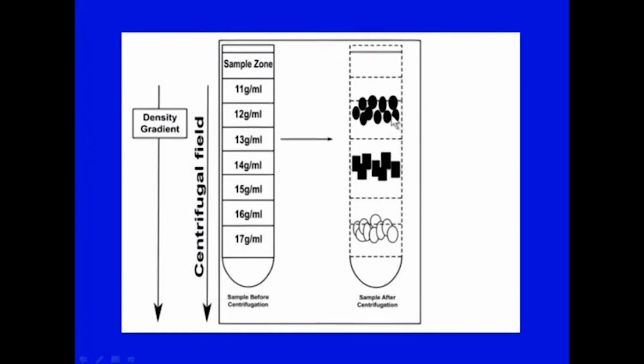So, at a particular time when it is switched off, these particles are separated mostly on the basis of their size. Like I said, these particles are mostly of the same density, so they will be separating on the basis of their size here. This is how rate zonal separation is achieved.